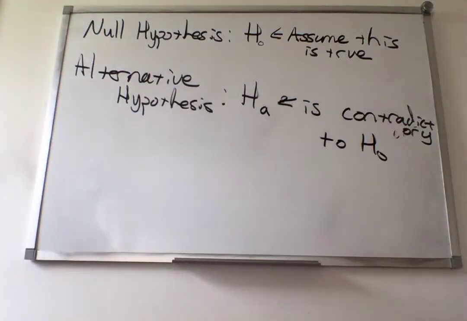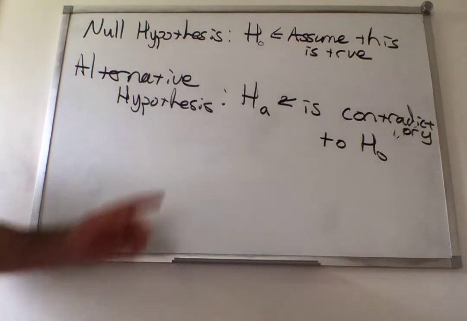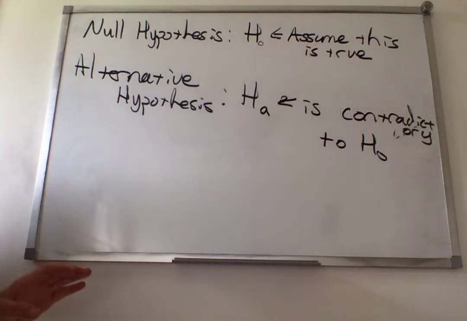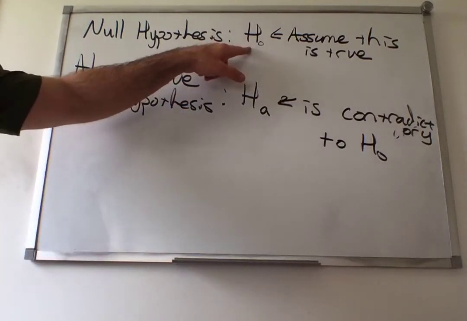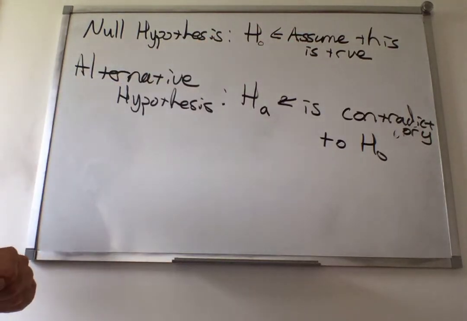Okay. Now, this is very important that they are contradictory of one another. They're complete opposites. That's what that means. So if we're assuming this one is to be true, and we find out that our assumption was right, then this one has to be false because they are contradictory.